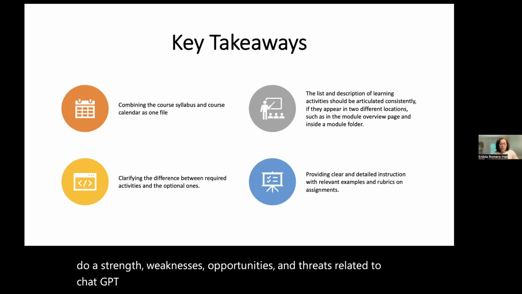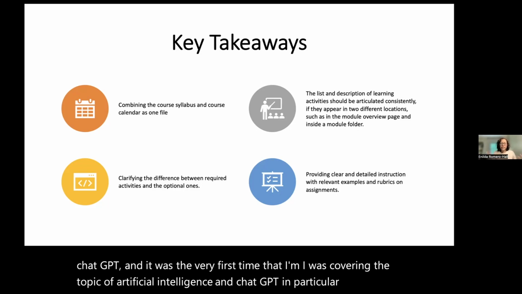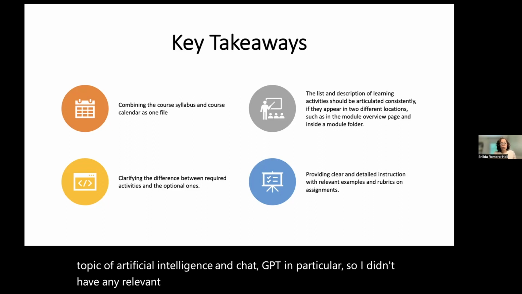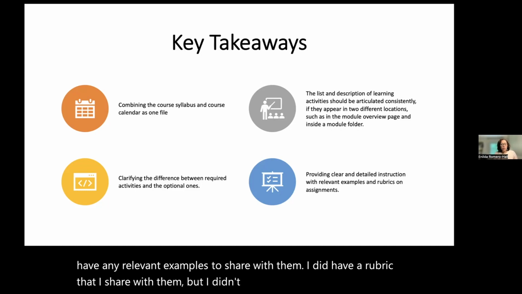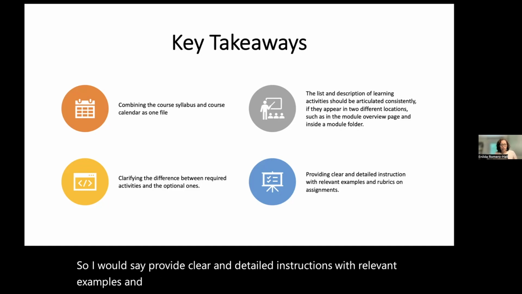It was the very first time that I was covering the topic of artificial intelligence and ChatGPT in particular. So I didn't have any relevant examples to share with them. I did have a rubric that I shared with them, but I didn't have examples. So I would say provide clear and detailed instructions with relevant examples and rubrics on assignments if possible.